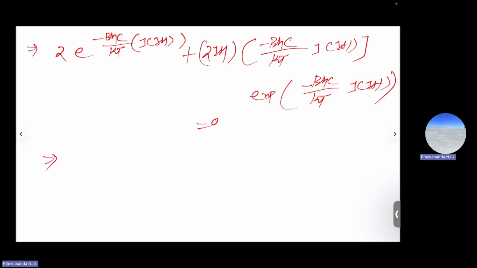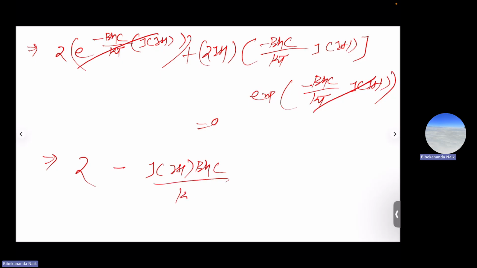So we can take this exponential term as common, so we can omit this from both the terms. So it will be 2 minus j into j plus 1 bhc by kT into 2j plus 1 equals 0.